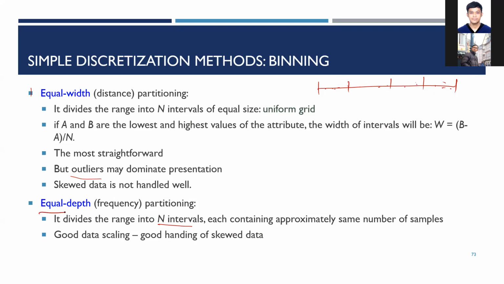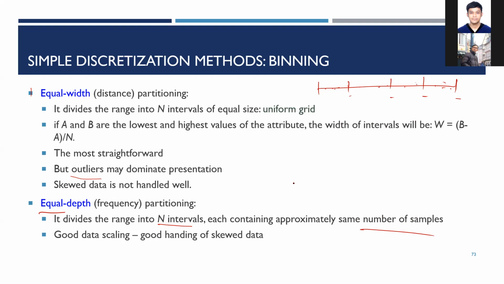But for equal depth, it means that in each range the number of samples should be the same. The first one we divided the range based on the value, but the second one we divided based on the number of samples.